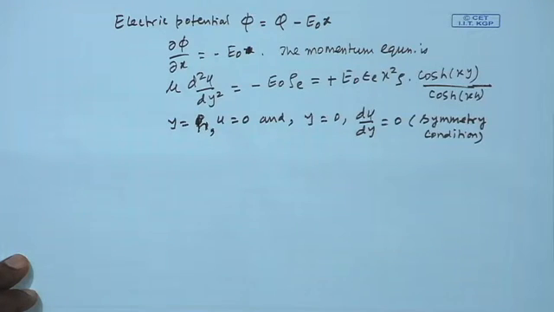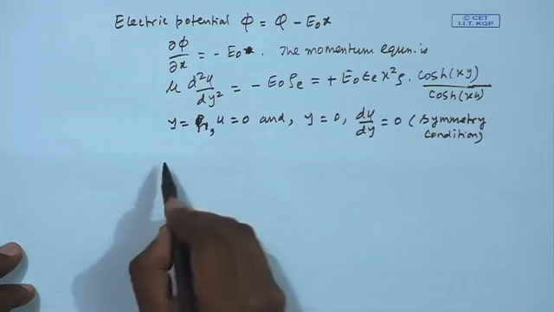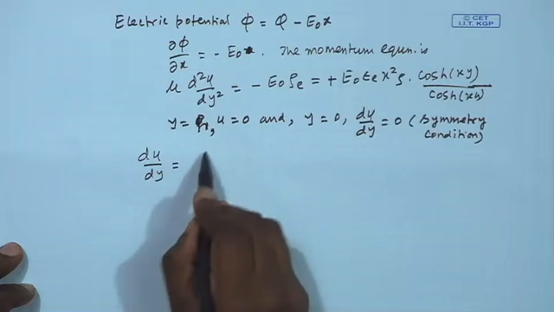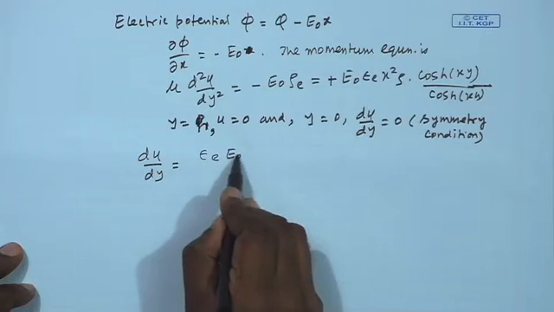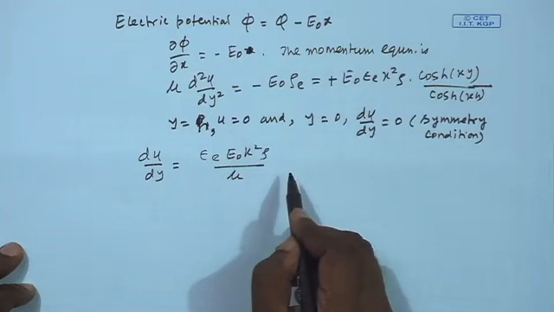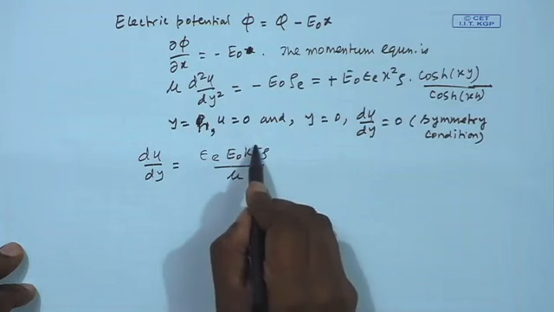So if I now integrate with these two conditions, first I integrate du dy. So du dy equal to epsilon e E0 kappa square zeta by mu, and one kappa gets cancelled.